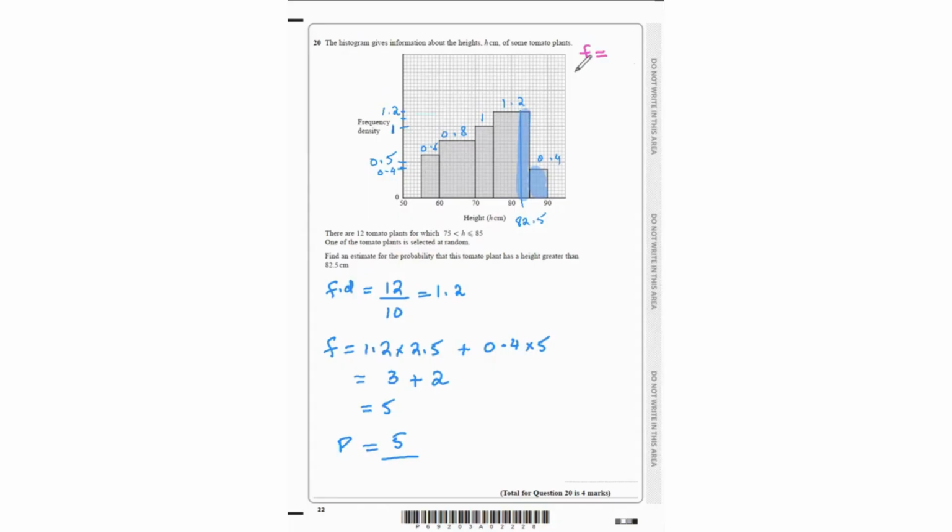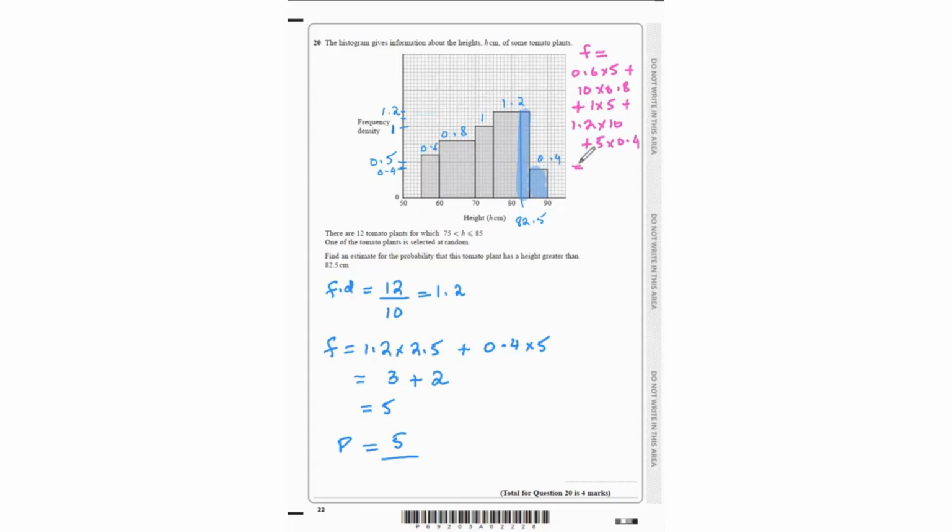We have 0.6 times 5 plus 10 times 0.8 plus 1 times 5 plus 1.2 times 10 plus 5 times 0.4.